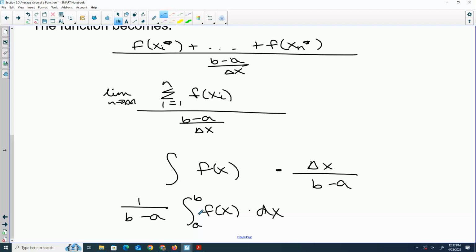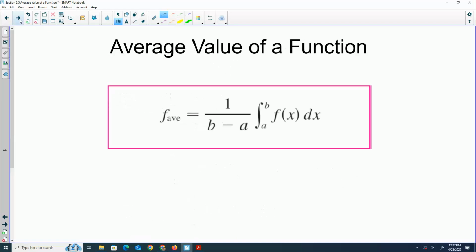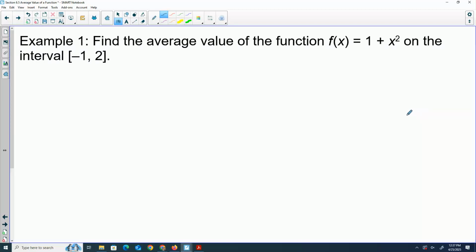So let's do a problem. Find the average value of the function f of x equals 1 plus x squared on the interval -1 to 2. So we have to integrate, and to get the average value, we need to do times 1 over b minus a, ending minus beginning.